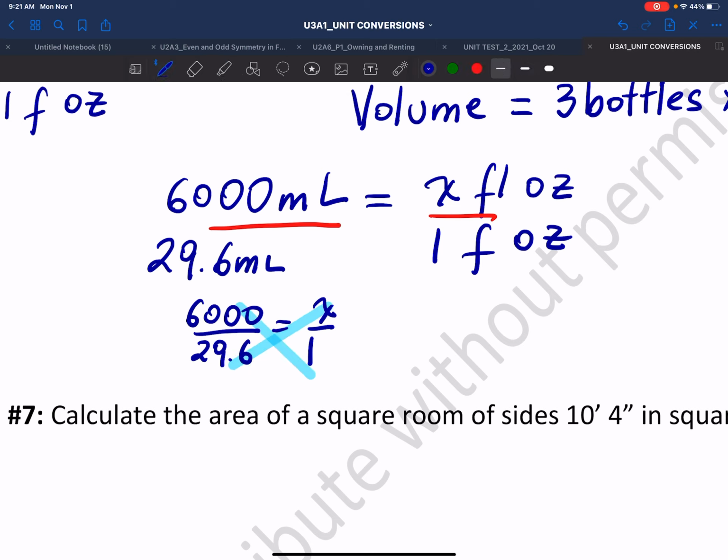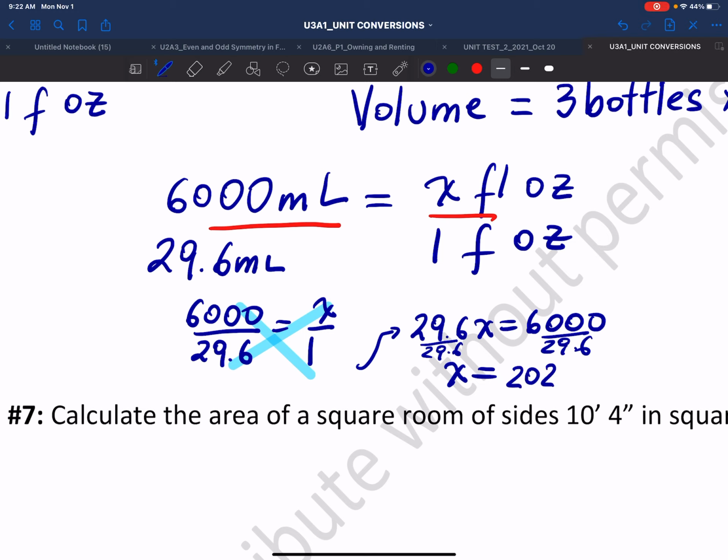And we have 29.6x equals 6,000. Divide both sides by 29.6. And we'll have 6,000 divided by 29.6 equal to 202.7 fluid ounces.